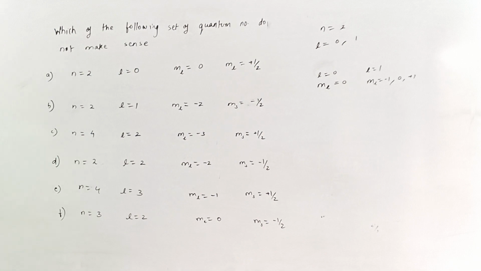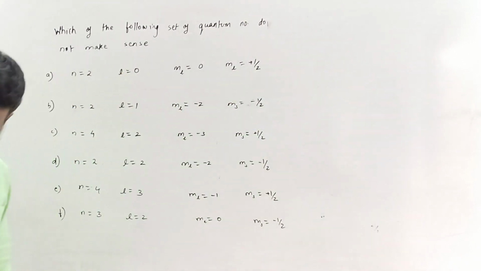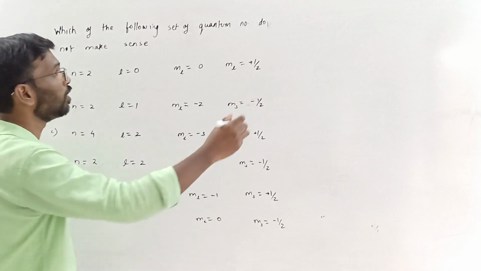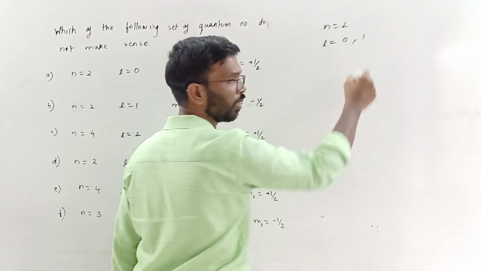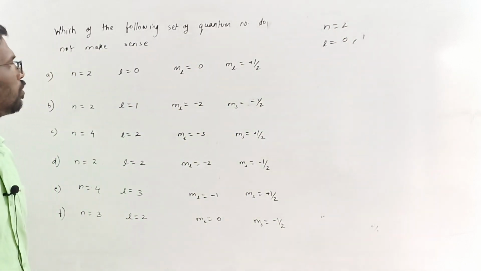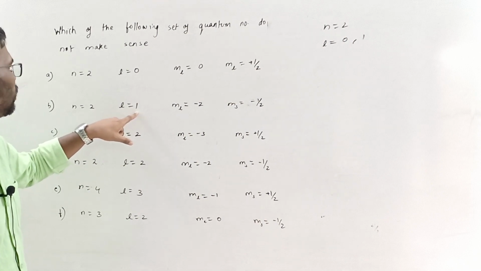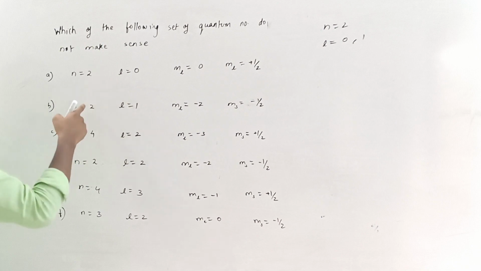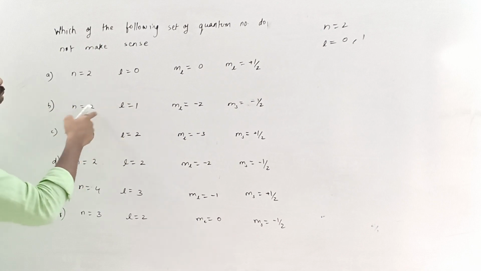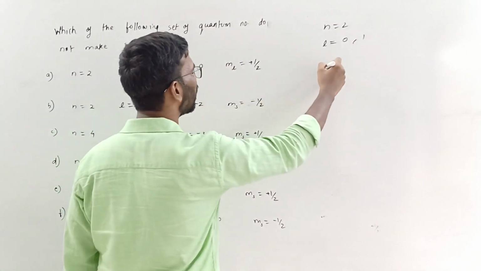Next is n is equal to 2, l is equal to 1, right? When n is equal to 2, the possible values of l are 0 and 1, so l equal to 1 is possible. Here we are talking of the 2s orbital, and here the 2p orbital, right? So what will be the possible values of ml?